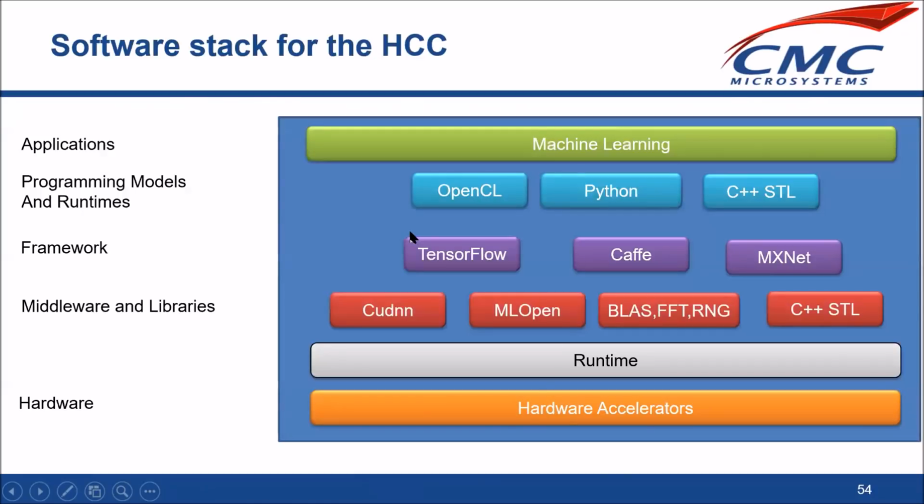The software stack that will be available, of course, Caffe, as we present today, but there is also TensorFlow and MXNet. It's a complete software stack. The programming models and runtime include OpenCL, Python, and C++. And of course, the middleware and libraries from vendors, including CUDA neural network and other libraries. So this is the complete software stack.